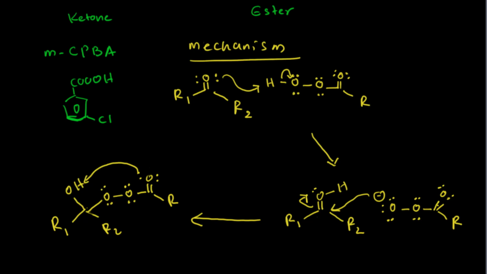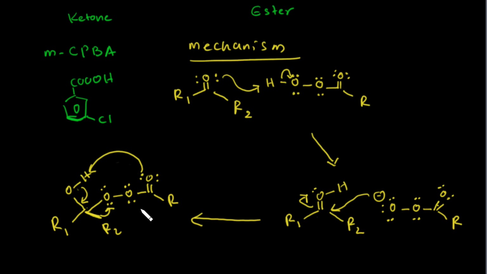It's better to draw the hydrogen like this, and then this lone pair attacks this hydrogen, grabs this hydrogen and breaks this bond, and then makes a double bond here. Then the carbon bond between R2 and this carbon breaks and makes a new bond here. Okay, understand that?